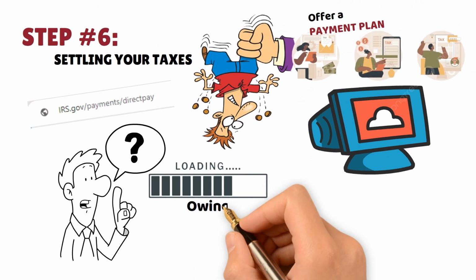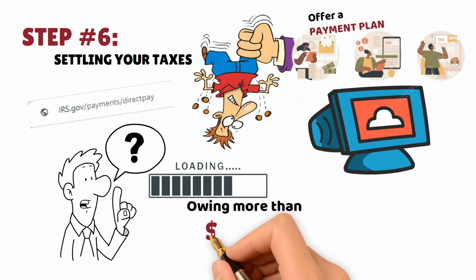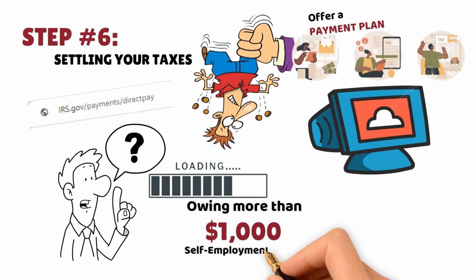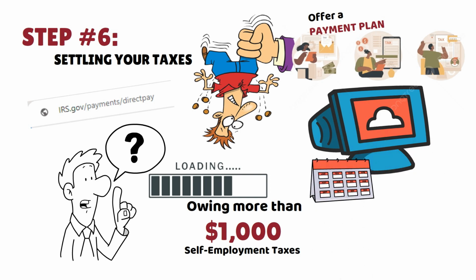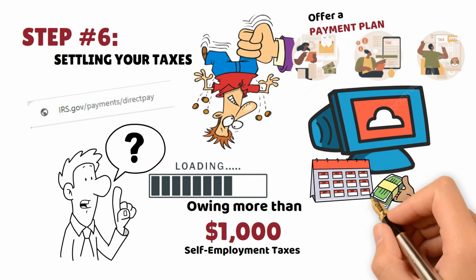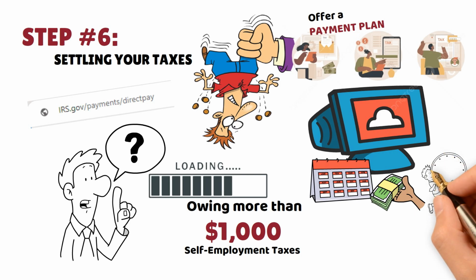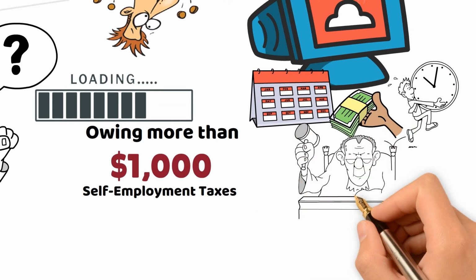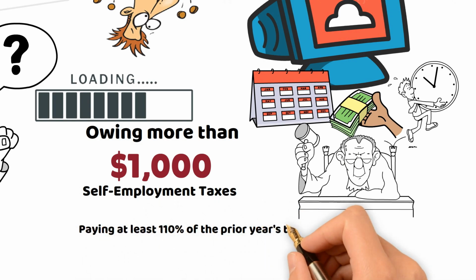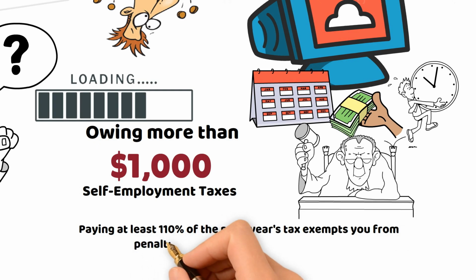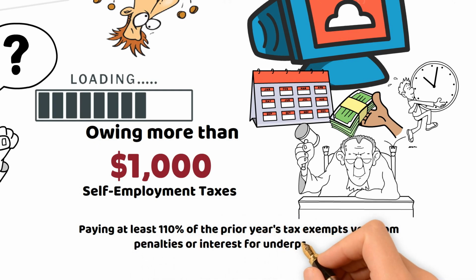Looking ahead, if you anticipate owing more than $1,000 in self-employment taxes, the IRS mandates quarterly estimated tax payments. These payments are due at the end of each quarter to ensure timely tax payments before filing your return, preventing potential penalties for underpayment. Paying at least 110% of the prior year's tax exempts you from penalties or interest for underpayment.